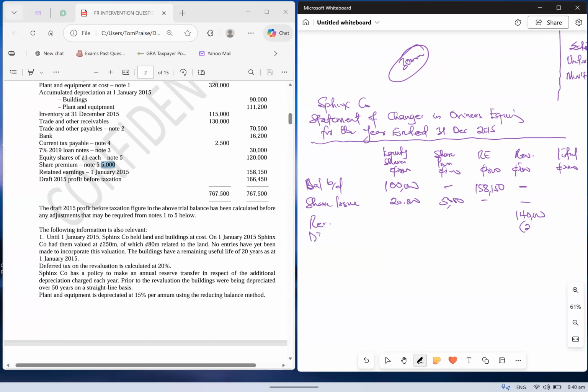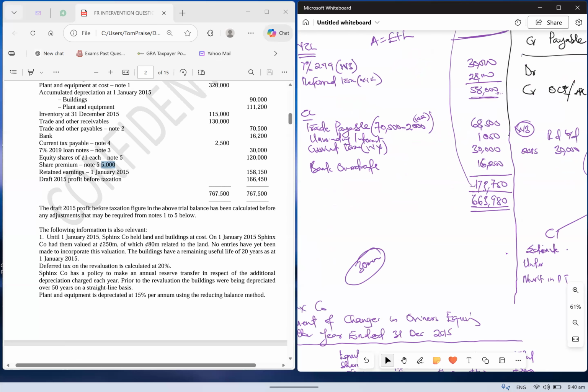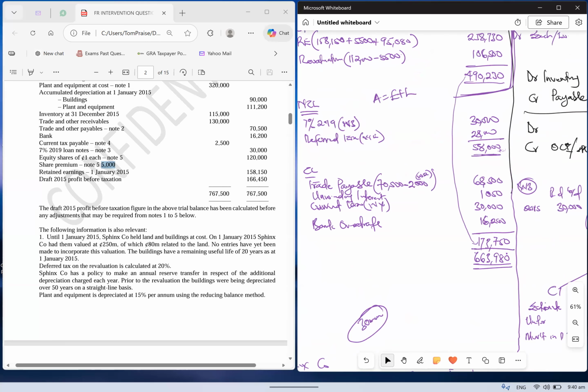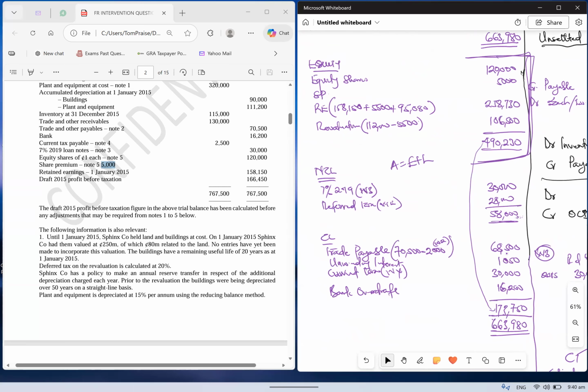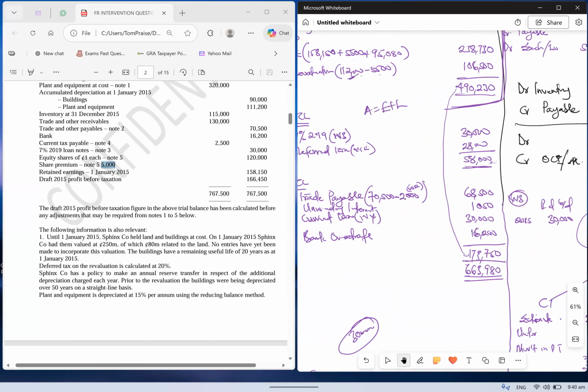Yes, of 28,000. And we also did a transfer from that. That's why I said do your balance sheet first. You see, everything you are doing is coming from here. So the deferred tax we did 28, and we brought this because we had taken away the 28,000 already. Then the transfer of 5,500.